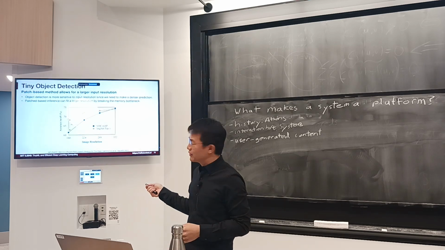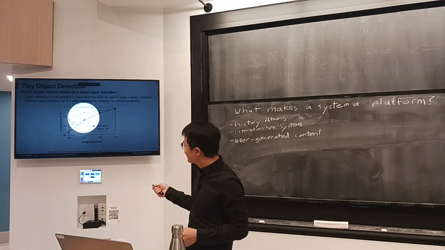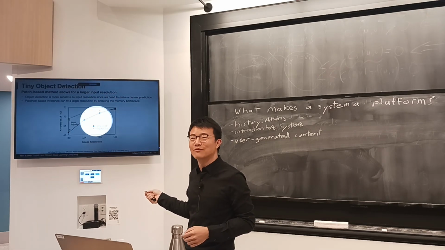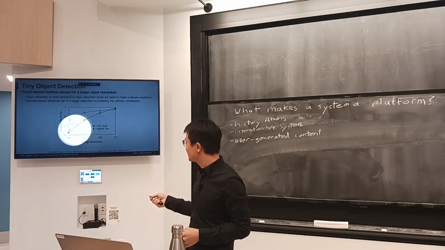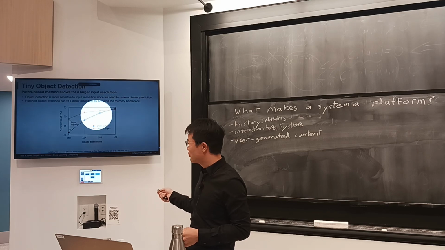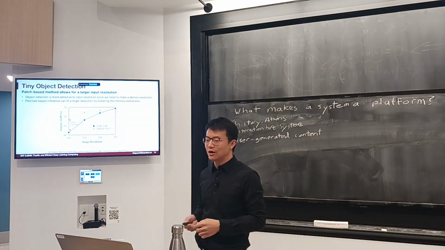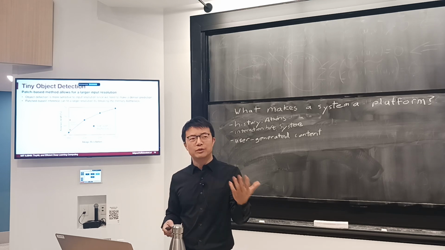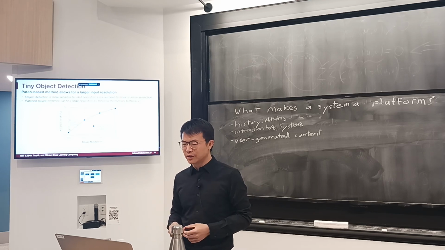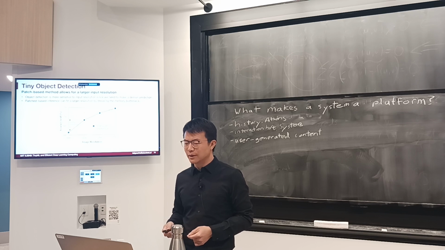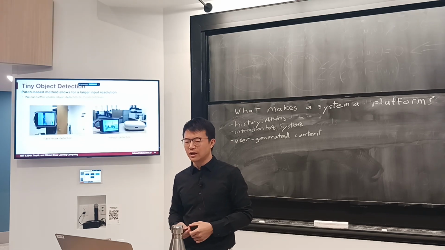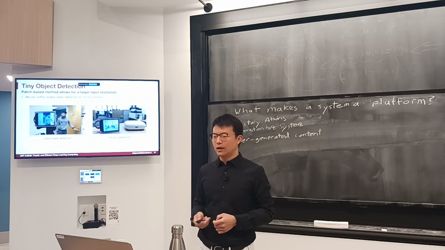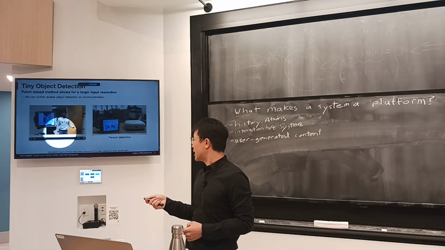But as you can see, for detection to work, it's actually very sensitive to the resolution. If the resolution gets smaller, the accuracy drops very sharply here. So patch-based inference is very helpful to maintain the accuracy. Here's a demo for object detection. This is face and mask detection.